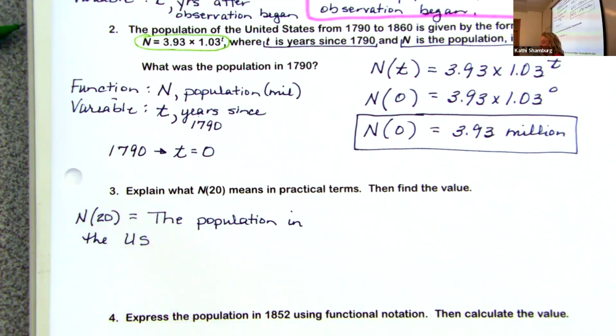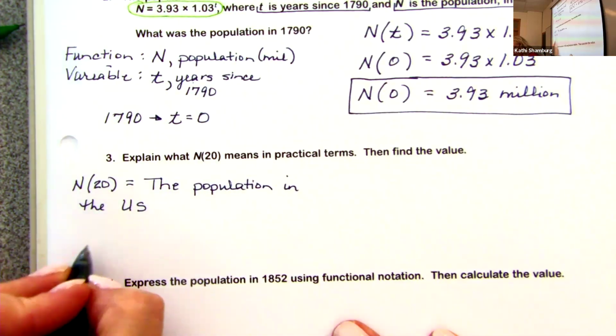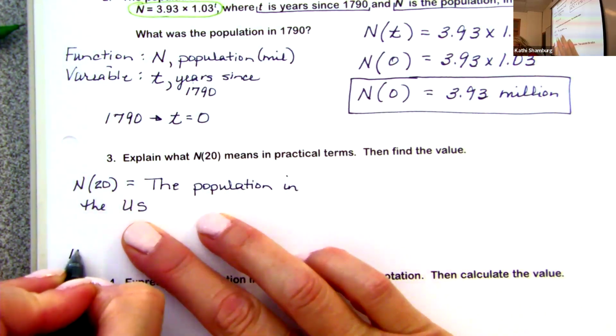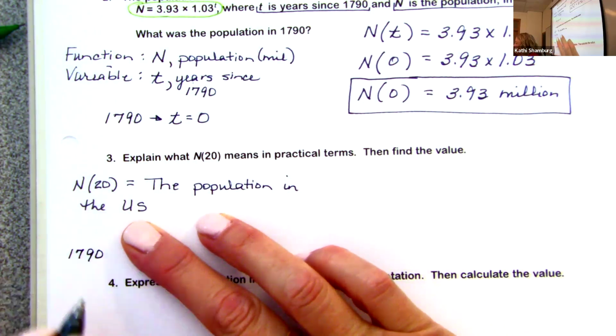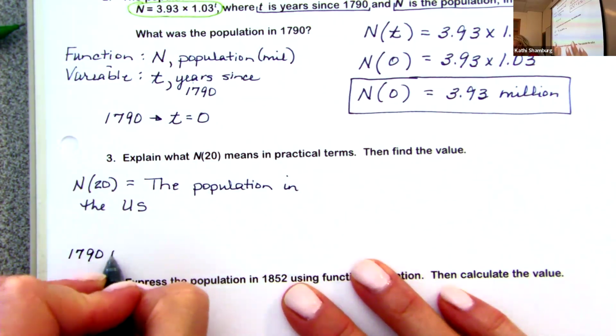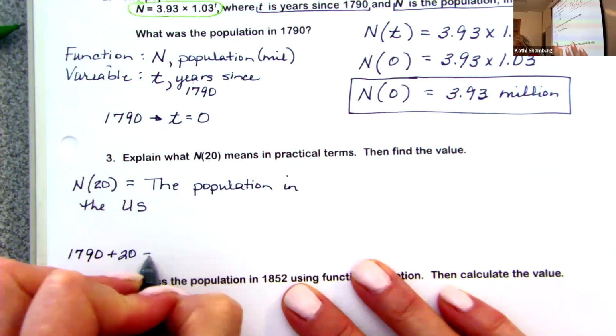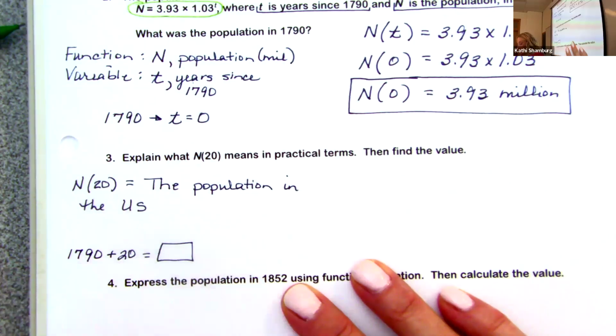If you just say the US in 20 years, that's not enough. If you said 20 years since 1790, I would probably take that. But what I want you to do is recognize that we're starting at 1790, and this is 20 years after that. So what year is it? 1810.